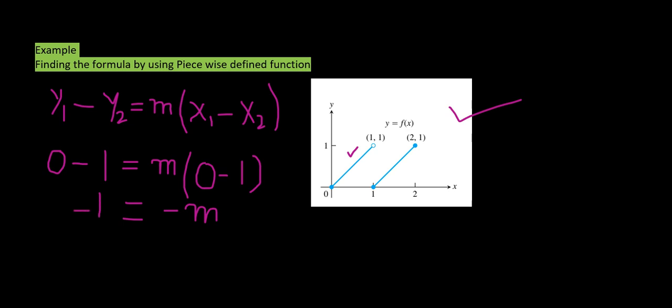So we will cancel the negative values from both sides and our slope will be m. So next we will find the equation of this function.